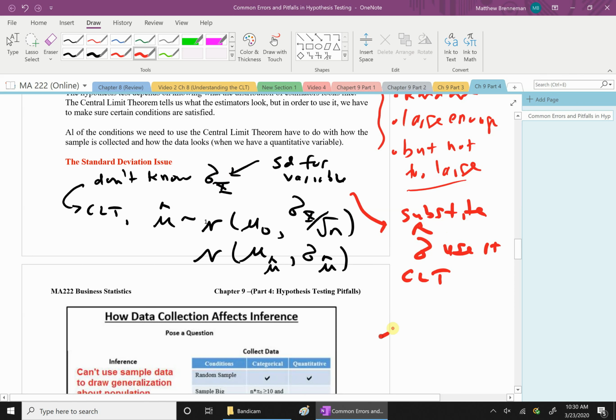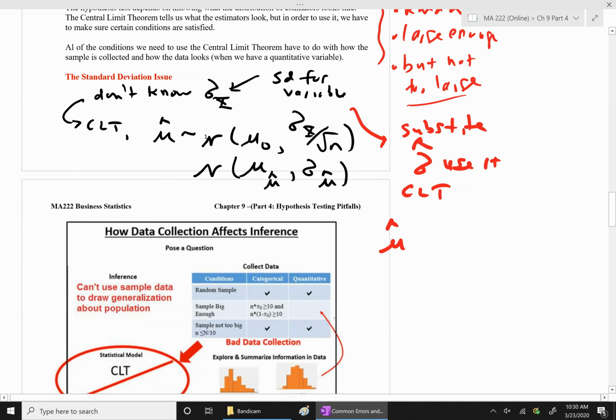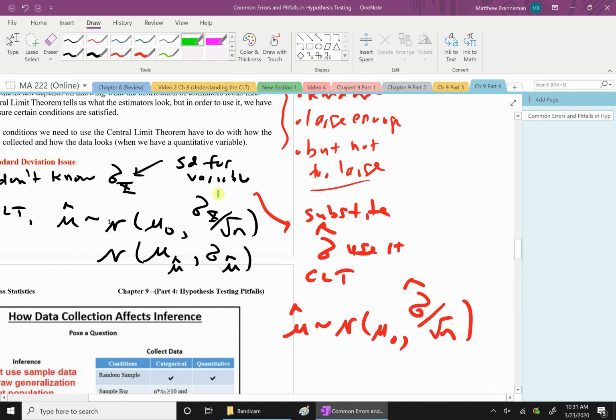So now we say that mu hat has a normal distribution. It's centered about the mean under the null hypothesis. And now we're going to use the sample standard deviation divided by the square root of n. We don't have the population standard deviation, so instead we use the estimator, which is the sample standard deviation.